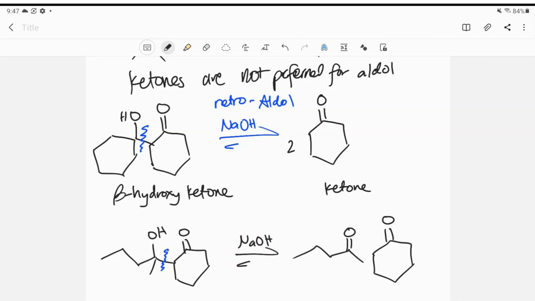We'll have two separate ketones because this particular beta hydroxy ketone was not symmetrical, meaning it didn't come from the same molecule as we see in the upper case here. Water's involved as well because you need something to protonate at the end. These are typically done in aqueous solution.